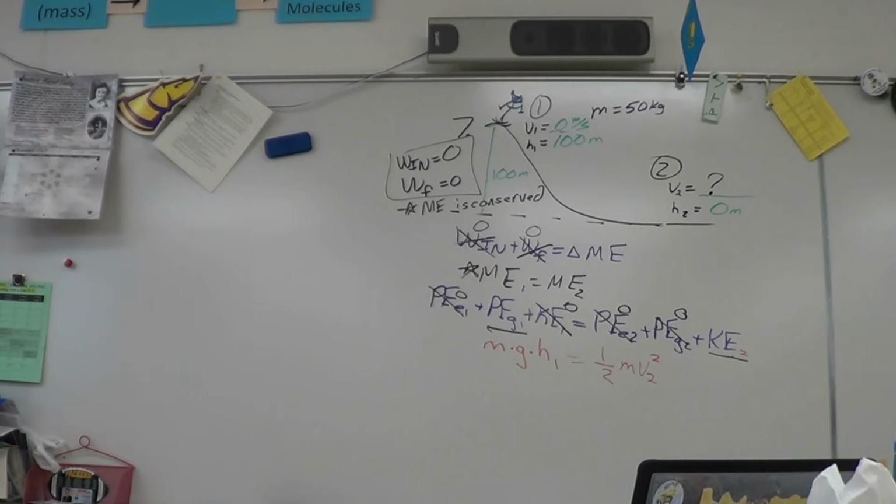But if you look at that equation, the m times g times h1 is equal to 1/2 mv squared. Does that equation simplify at all? Can we reduce or can we simplify this equation? Do we have a variable that is in every single term on both sides of the equation that we can cancel out? We have a mass, right? We do have a mass in every single side of the equation.